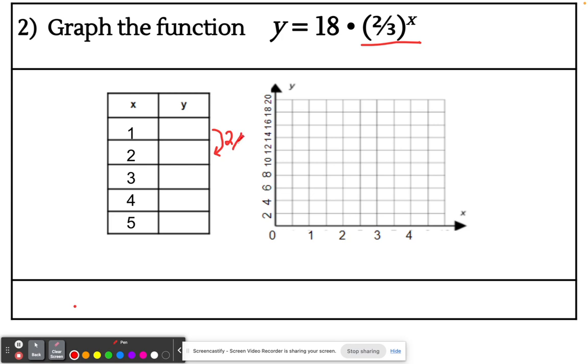But one thing you'll notice, it didn't give us our 0 value. So I'm going to put that right up here. We know this starts at 18. Well, 2/3 times 18. If this were 1, that would be 2/3 times 18 is 12.